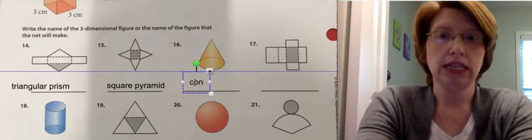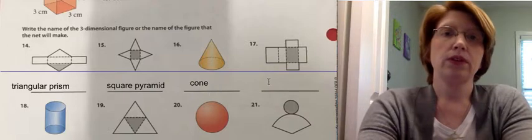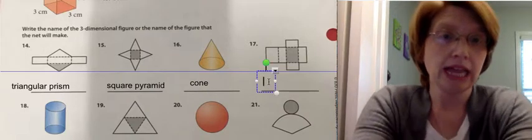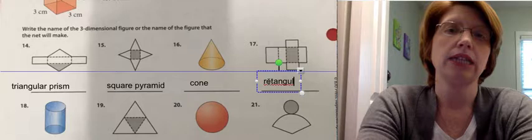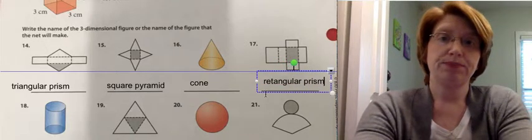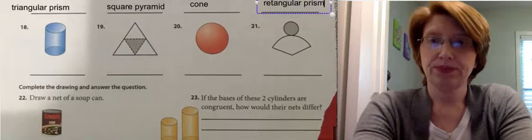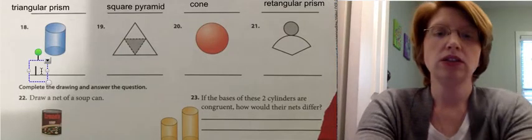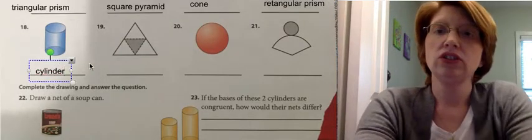This one is a cone. This one has a rectangle as the base, so it is a rectangular what? Prism. This one is our oatmeal box, which is the cylinder.